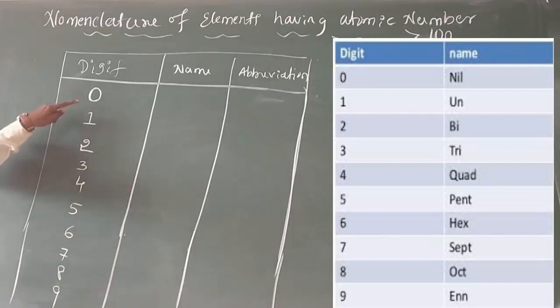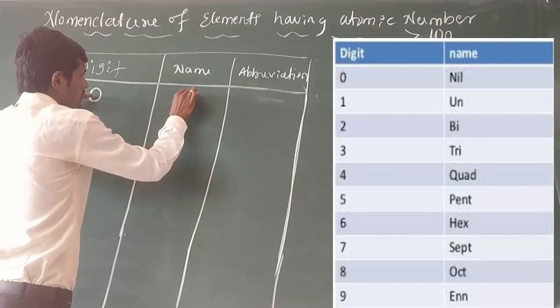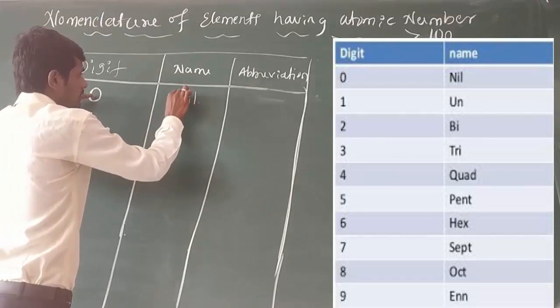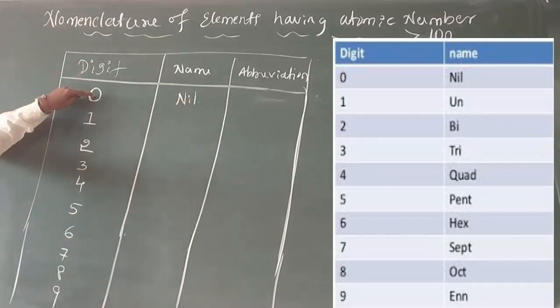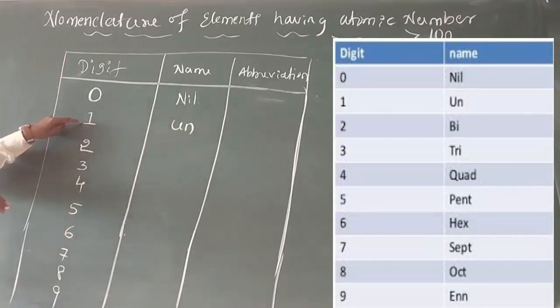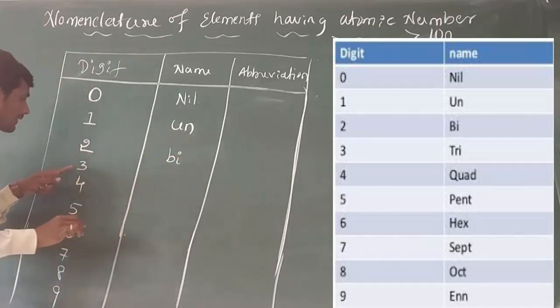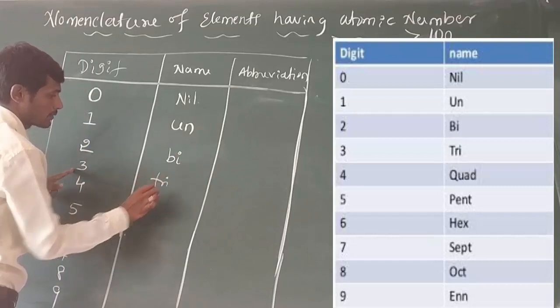See here. If the element contains the digit 0, then the word nil is used. Next, if 1 is present, then use the word un. If 2 is present, use bi. If 3, then use tri.